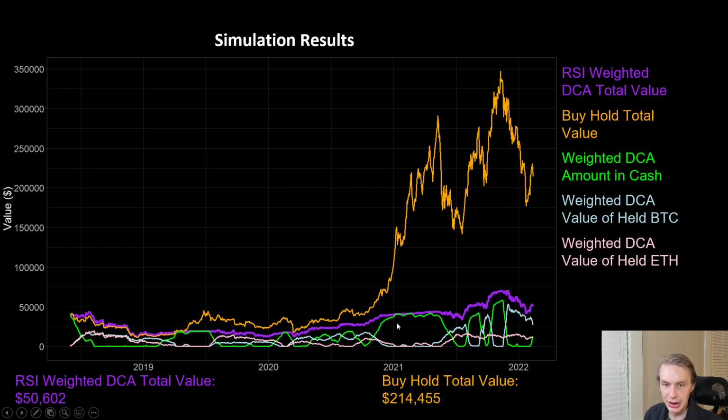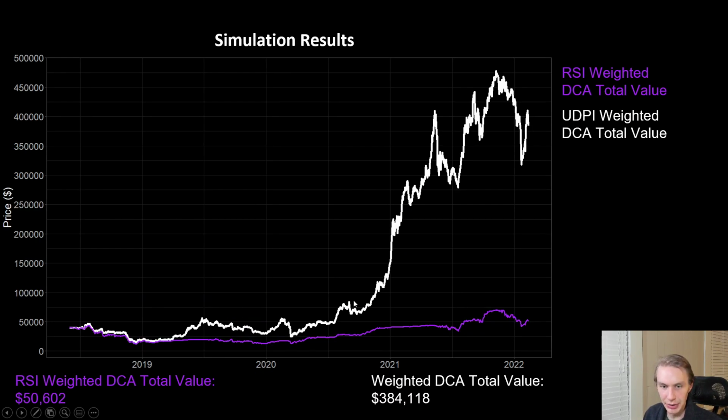And we can see that in these results here as well. This would have netted you 76% lower ROI than if you just held your assets. So not a very auspicious showing for the RSI. And if we compare it to the weighted DCA, we can see the weighted DCA would have had a 659% higher ROI than a weighted DCA strategy based on the RSI.